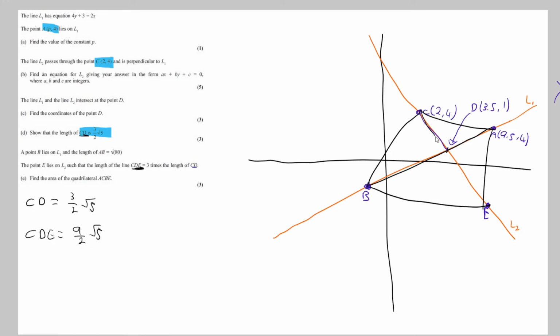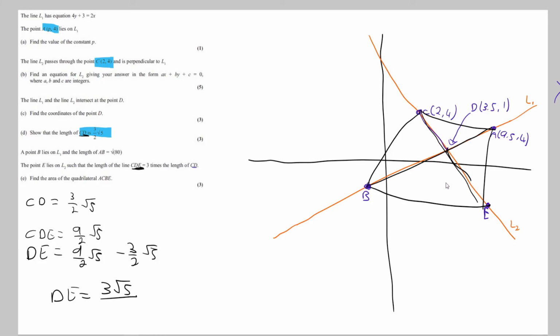So this big line here is length 9 over 2 root 5, but we do want to find DE, so we actually just take away the original length, or just multiply by 2 to start with. I'm taking it just a little slow, so that would be 6 over 2, which is actually just 3 root 5. Nice, easy, third. And that is the length of DE.